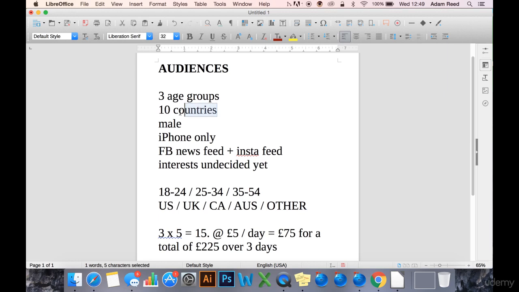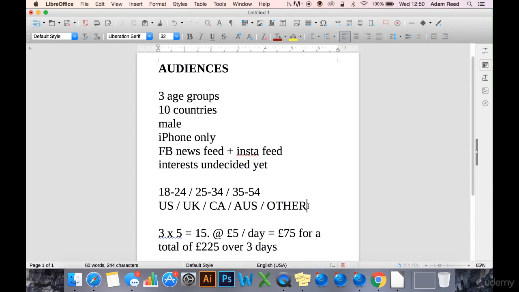If I was to target each country separately in separate ad sets, along with these different age groups, I'd be looking at 30 ad sets, and I'd be spending £150 a day, and £450 over the period of 3 days. But this is a testing period, and I don't want to spend that much money in case this product is in fact not a winning product, not something I can advertise.